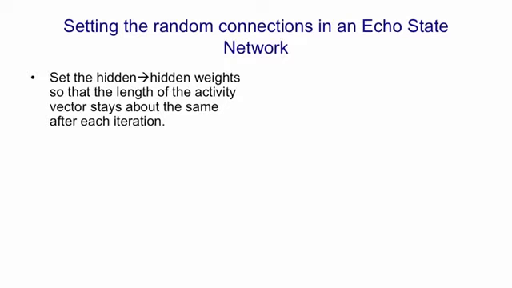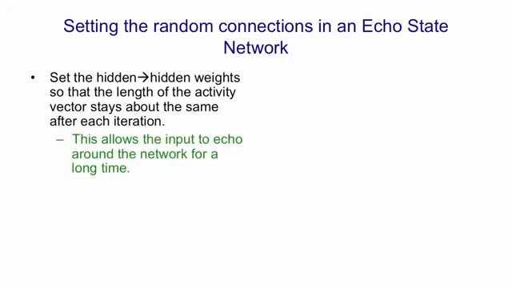For those of you used to linear systems and matrices, you're setting it so the spectral radius is 1, that is, the biggest eigenvalue of the matrix of hidden-to-hidden weights is 1, or it would be 1 if it was a linear system. And you want to achieve the same property in a nonlinear system. If you set those weights to be about the right magnitude, then an input can echo around in the recurrent state for a long time.